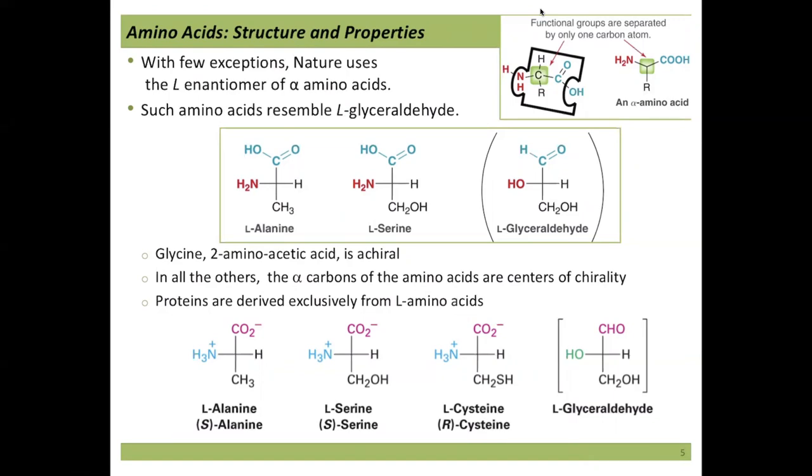As we actually see down here at the bottom, you can see that even though all three of these amino acids are referred to as L amino acids, cysteine actually has an R configuration. So we'll see that one amino acid, glycine, doesn't even have a stereocenter, and then cysteine actually has the R configuration, even though they're all considered L amino acids.